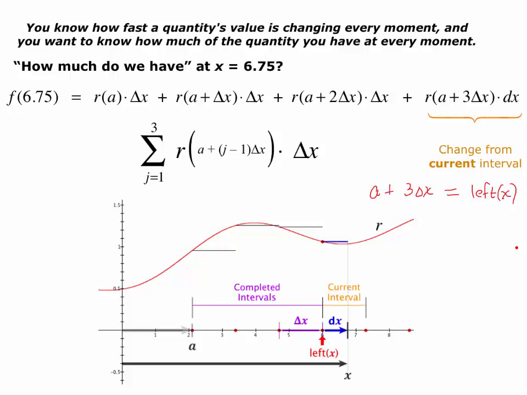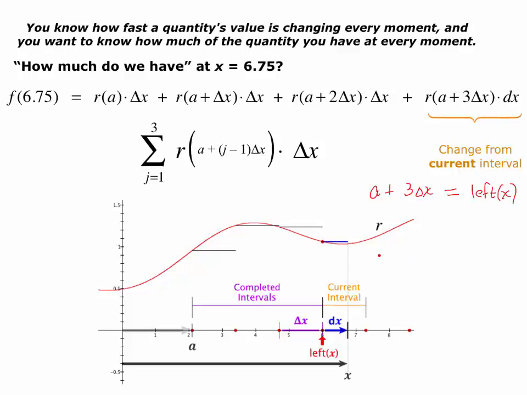It's going to be a plus, how many completed intervals? It's 3. How many is that in this situation? All of them, right? How many completed intervals do we have? 3. So we're going to start with a, and we're going to add 3, or the total number of completed intervals of delta x to get to left x.